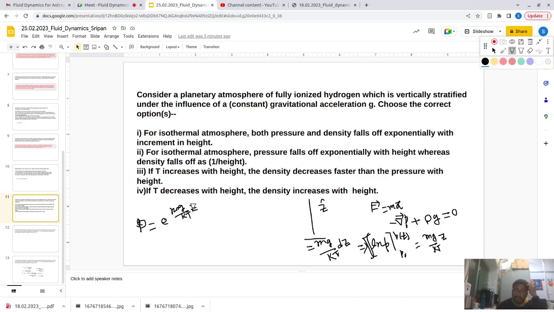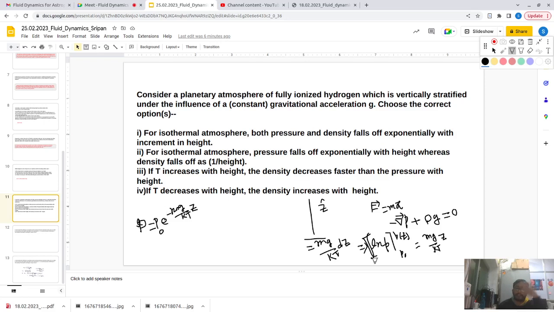Just a second. There should be a minus term somehow. I think the direction of z is going to be minus z, right? Yes, because we are going upwards, against gravity. So there should be a minus, right? So this one will be a minus here. So this p equals, basically, you have a p naught.